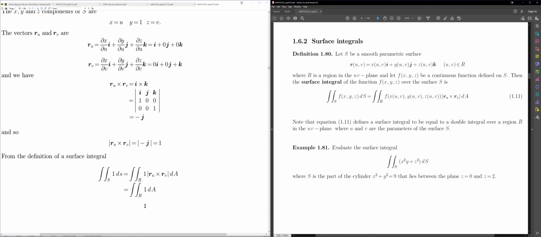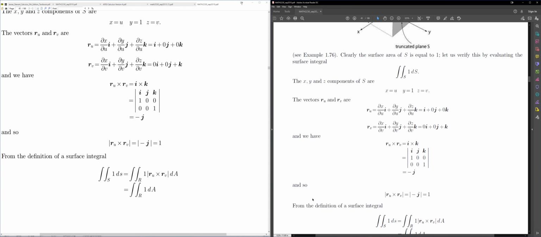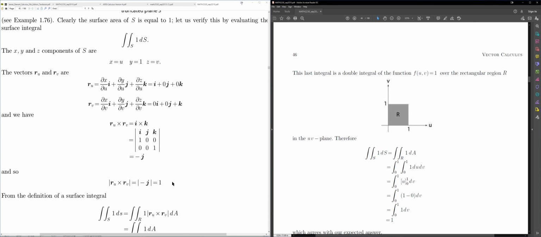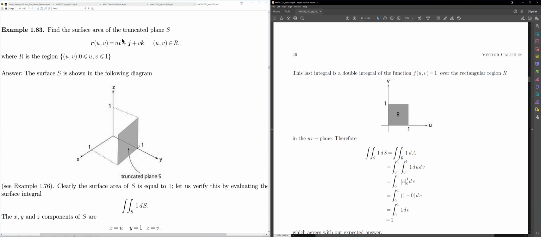So I'm integrating 1 over a rectangular region. Your region R, your rectangular region, is specified for you in the description of your parametric surface. The R is given saying that u lies between 0 and 1, and v lies between 0 and 1.